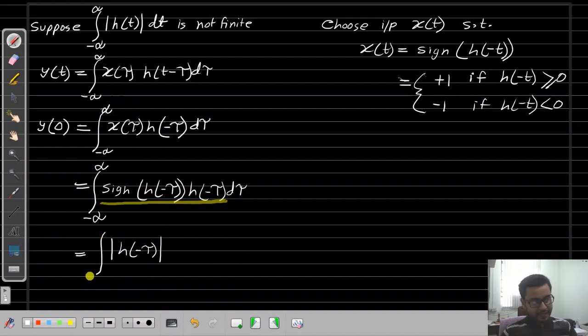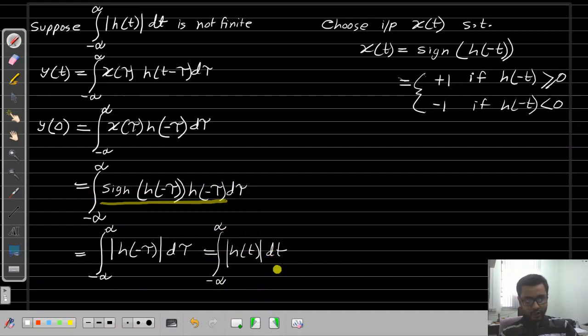Therefore I write it as the integration of modulus of h(minus tau) d tau, and then with a change of variable you can replace minus tau with t, and then it will become |h(t)| dt integrated from minus infinity to plus infinity with a change of variable.